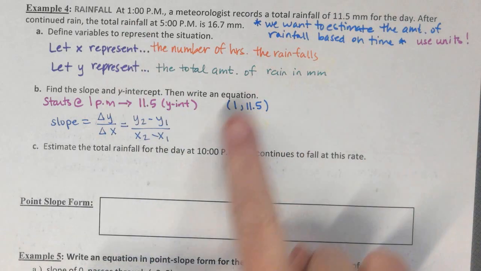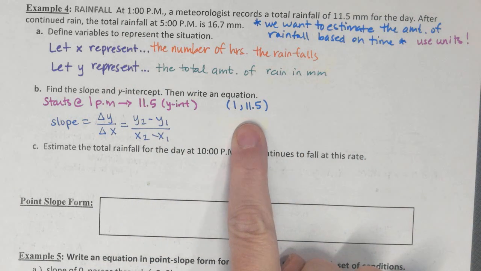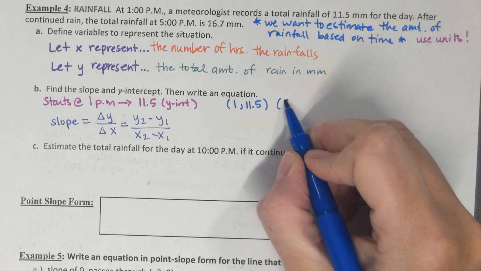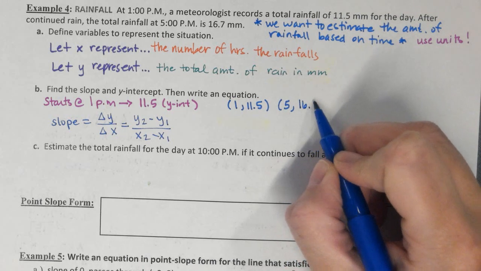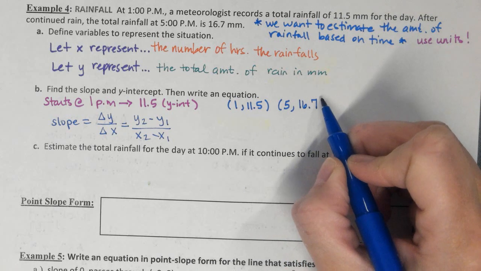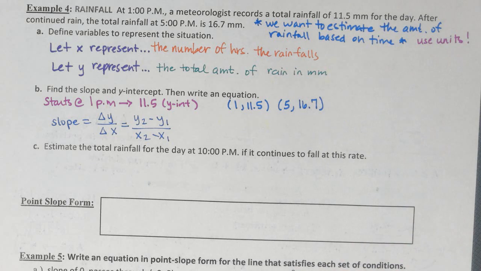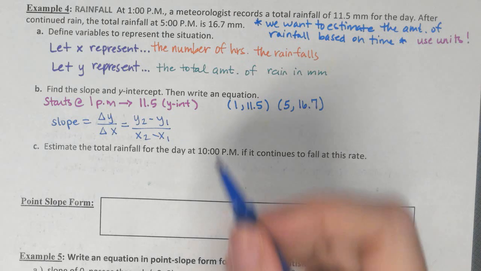So at 1 p.m. it was the 11.5. And then at 5 p.m. it's the 16.7. Okay, so you can use those points to find out what your slope is.